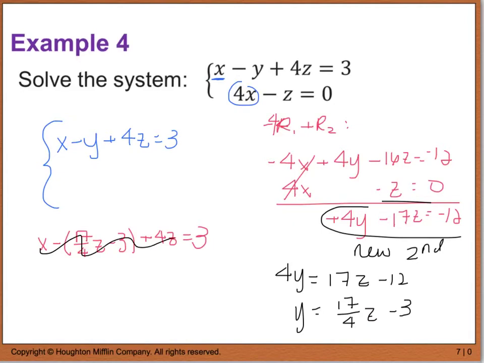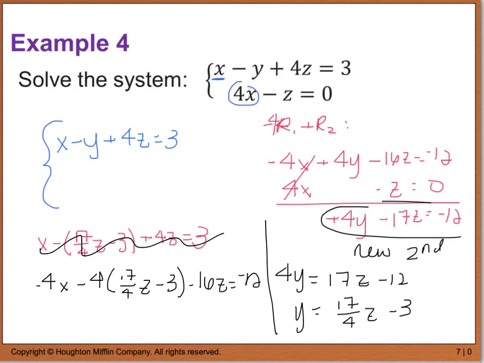So let's get rid of that and go negative 4x minus 4 times 17/4 z minus 3 minus 16z equals a negative 12.